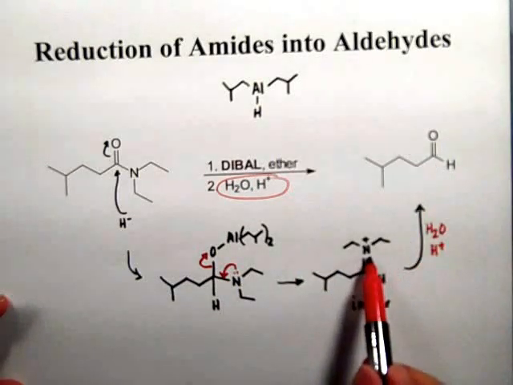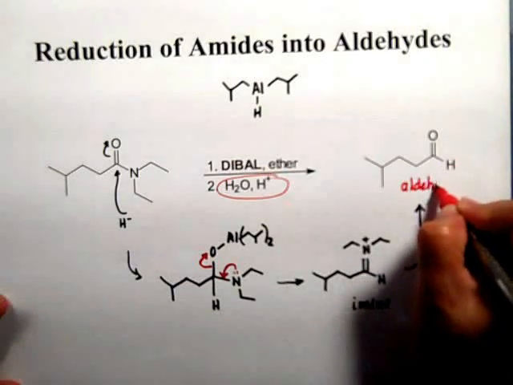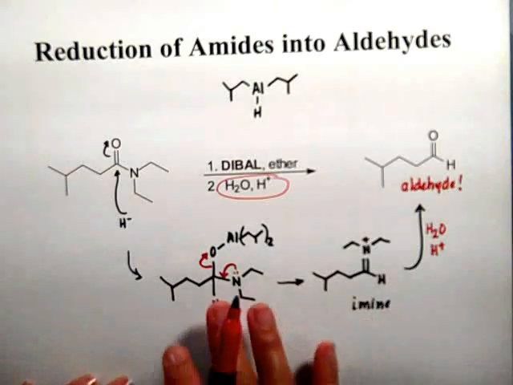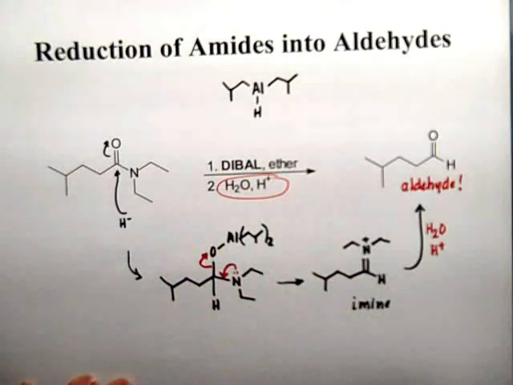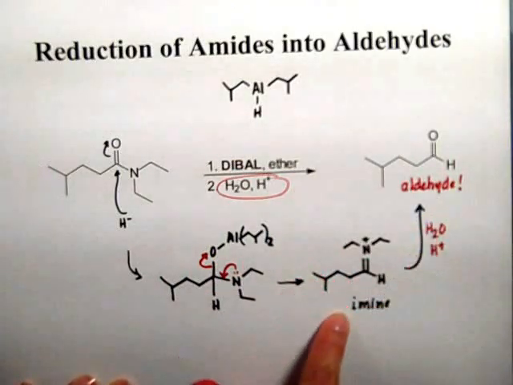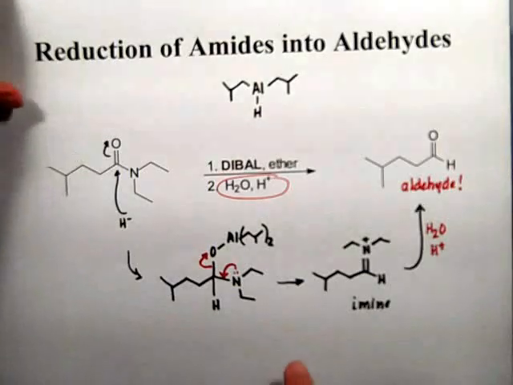And when we get the carbonyl back, it's an aldehyde. So even though the lithium aluminum hydride, LiAlH4, gave us the amine, when we use DIBAL, we only have one hydride. So when we hydrolyze the intermediate imine, we get the aldehyde. So far, DIBAL has actually produced aldehydes out of all the derivatives of carboxylic acids.